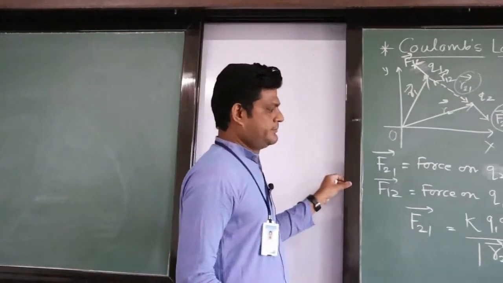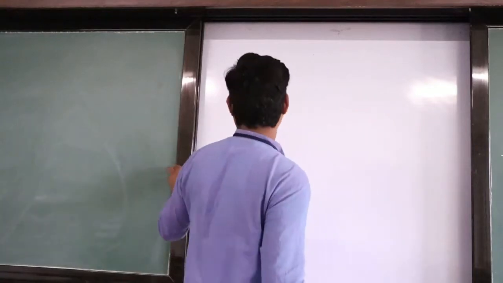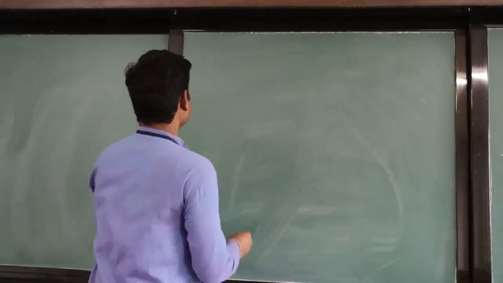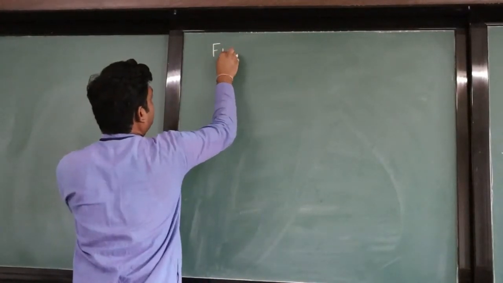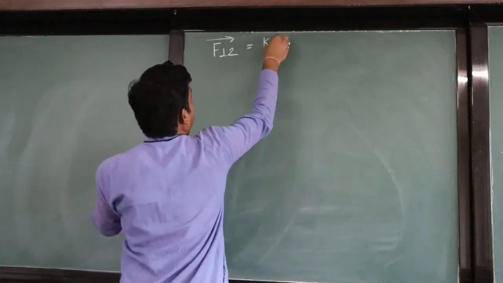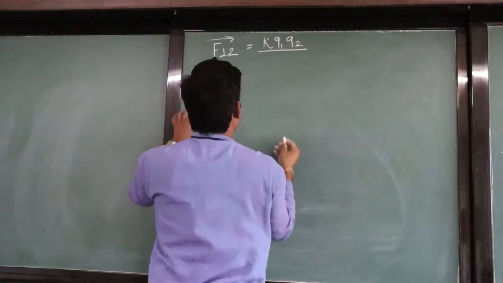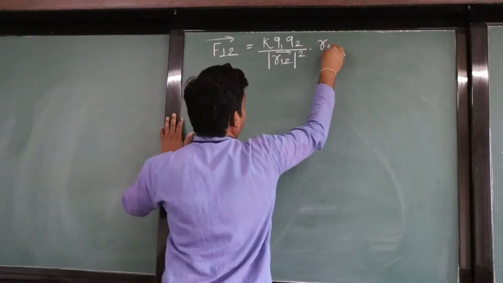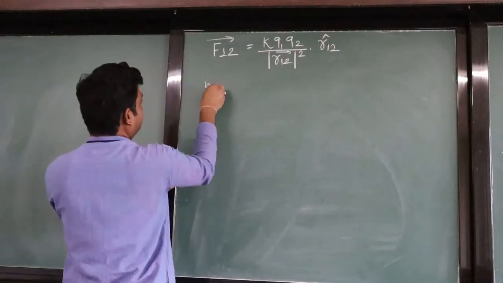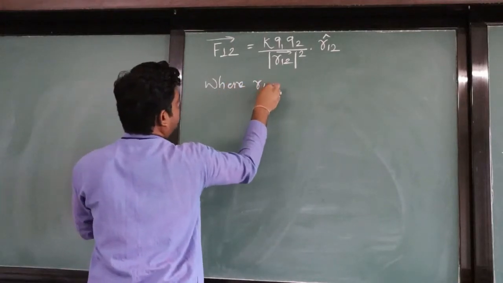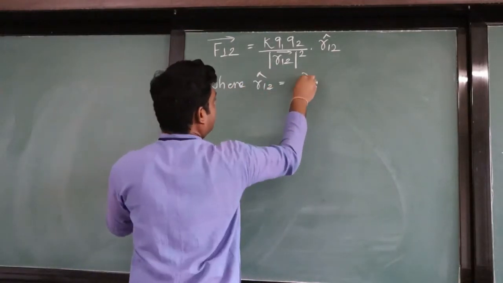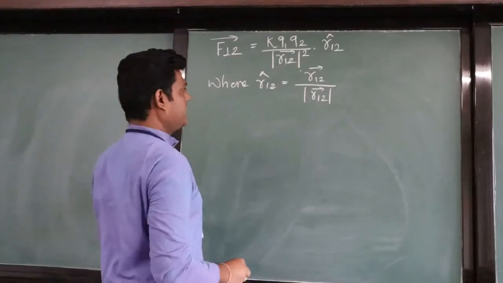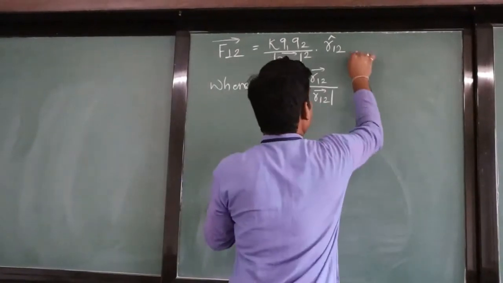See, force acting on 1 due to 2 is K Q1 Q2 divided by R12 vector magnitude squared into R12 cap, right, where R12 cap is the vector divided by its magnitude, right. This is equation number 2.